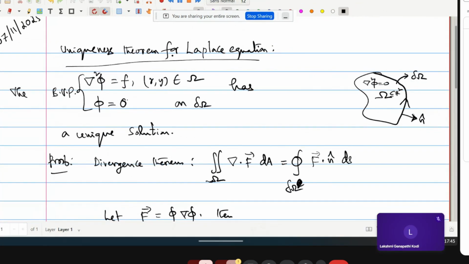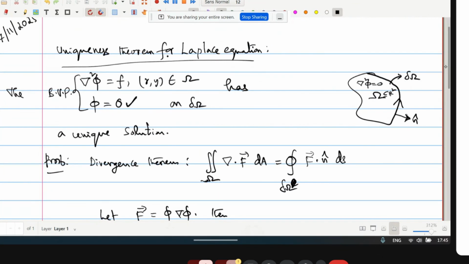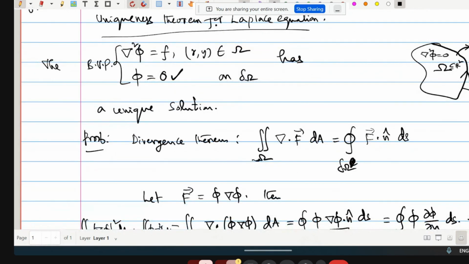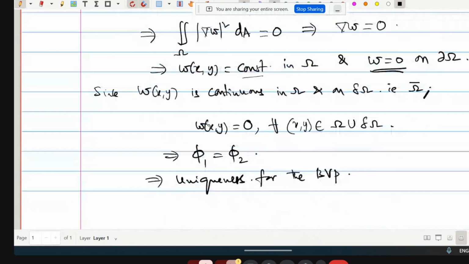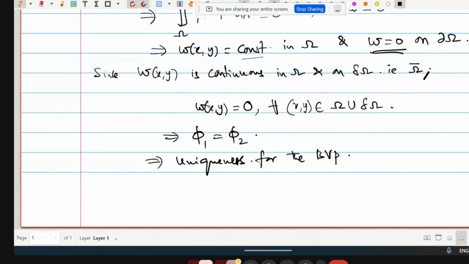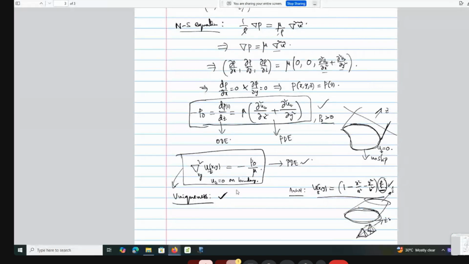So you have the boundary condition is only this one. Now go back to the problem that you have. I'll show you what we had in the last class. So this is your problem now, right? This has a unique solution.